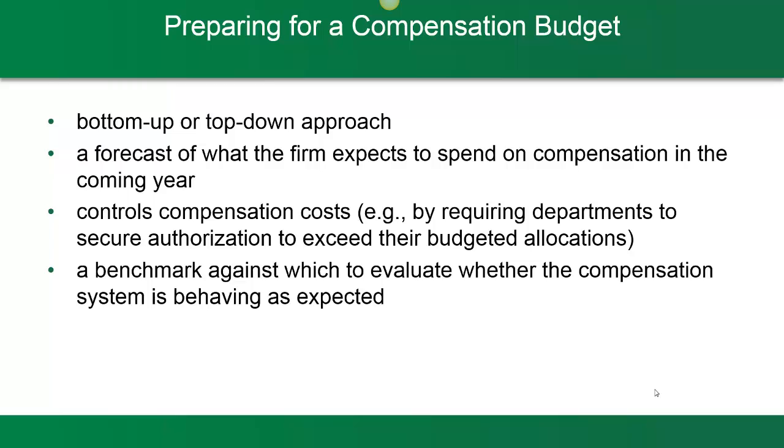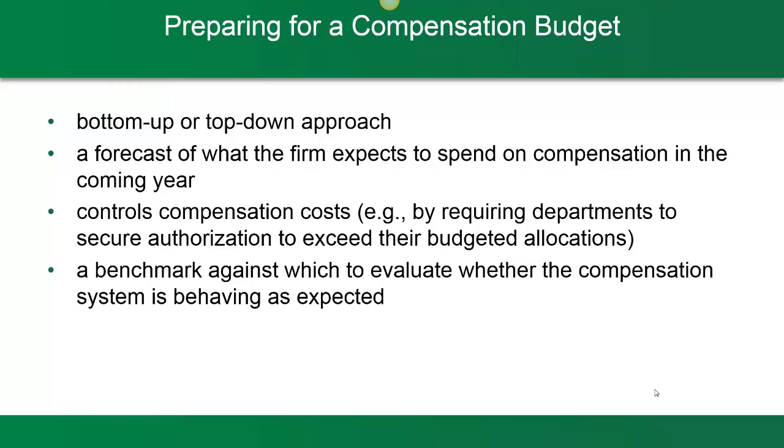The budget also serves as a benchmark against which the company can evaluate whether the compensation system is behaving as expected. So the idea behind this item for a compensation budget would be that if we've spent the available funds and we're still not getting the productivity or the returns or whatever yardstick we were measuring the compensation system against, then obviously it must not have been money well spent.